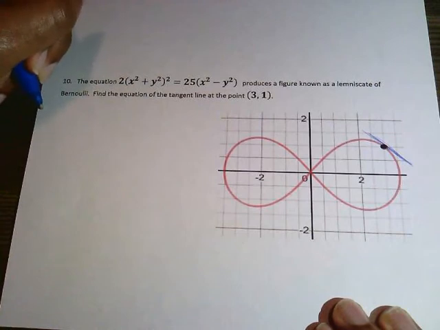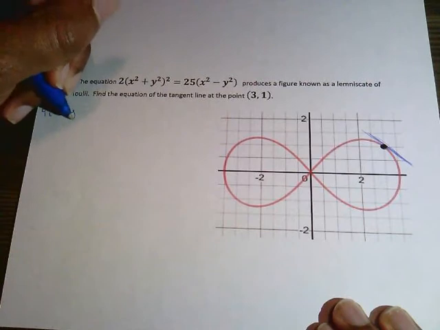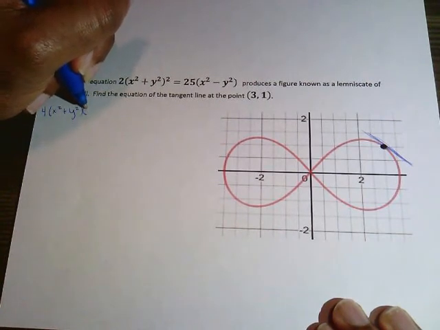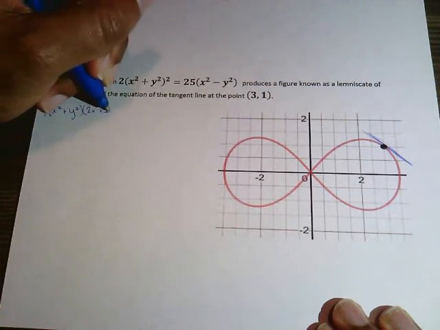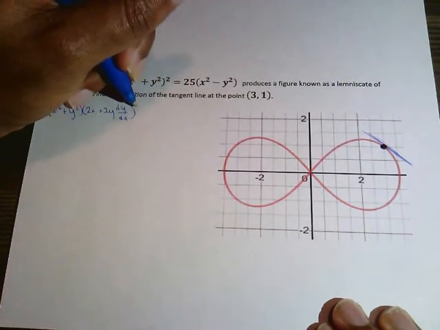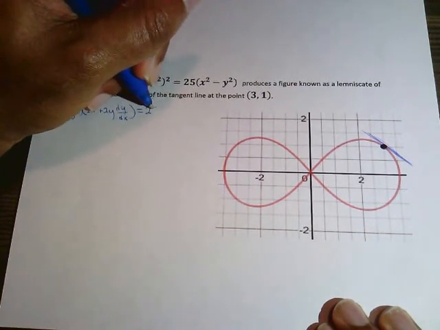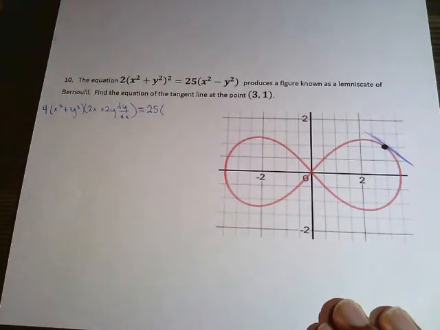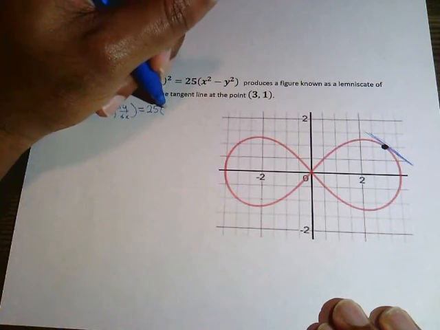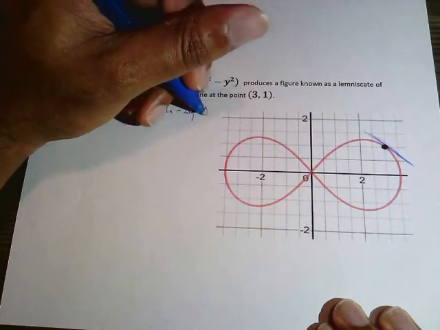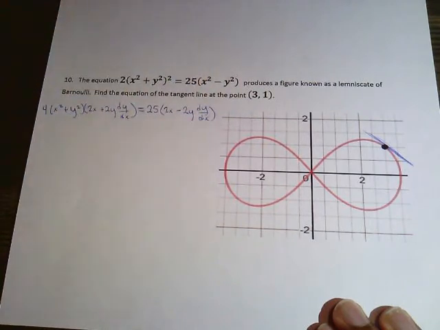So we'll have 4 times (x squared plus y squared), and then times the derivative of the inside, so 2x plus 2y dy/dx, equals 25, and we do the derivative of x squared minus y squared, so that will be 2x minus 2y dy/dx.